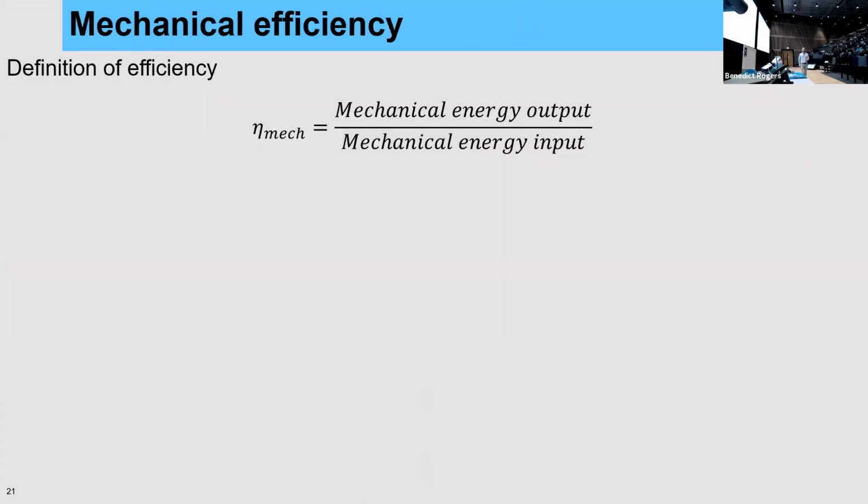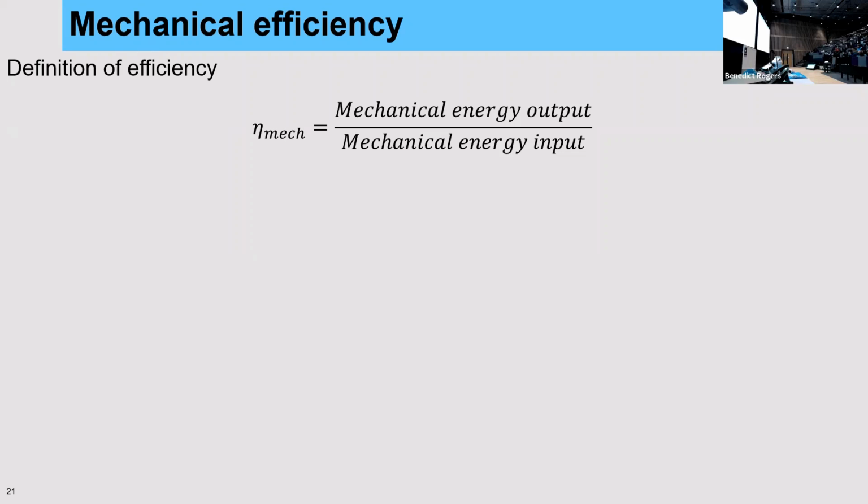Quite useful. So let's now look at efficiency. The definition of efficiency generally is what you get out over what you put in. The mechanical definition of efficiency is the mechanical energy output over the mechanical energy input.